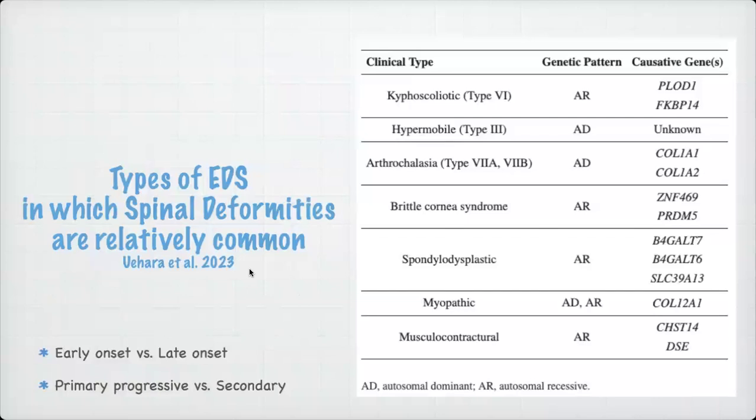There are other types of Ehlers-Danlos syndromes where spinal deformities are relatively common, and I just want to mention this. In these scenarios, what I see in my clinical setting is that they're way more severe. The kyphoscoliotic, musculocontractural and myopathic scolioses far exceed conservative management, so they often need surgical procedures.